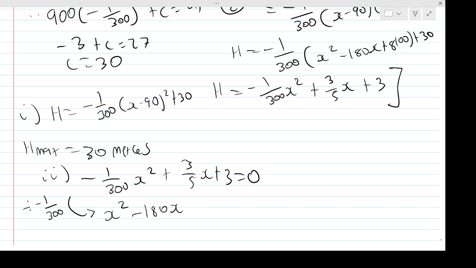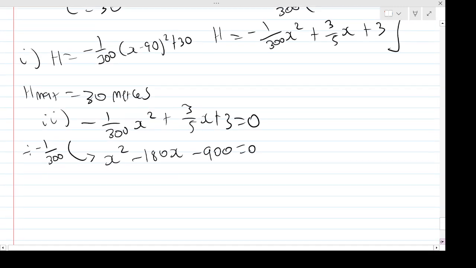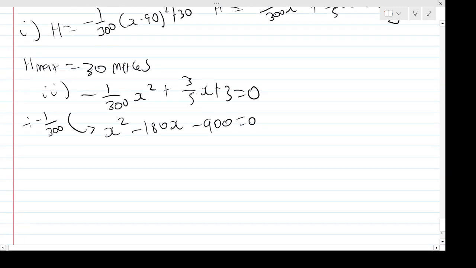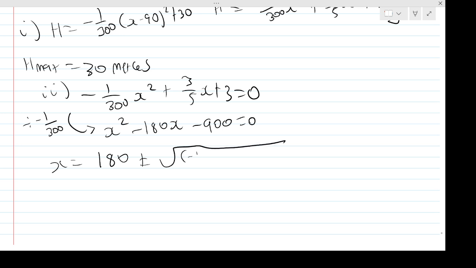And then 3 divided by minus 1 over 300 is minus 900 equals 0. Okay, so a lot nicer to work with without the nasty fractions. Then I'm going to use the quadratic formula. So x is going to be plus 180, because minus minus 180, plus or minus the square root of b squared, that'd be minus 180 all squared, minus 4 lots of 1 times minus 900, over 2 lots of 1.